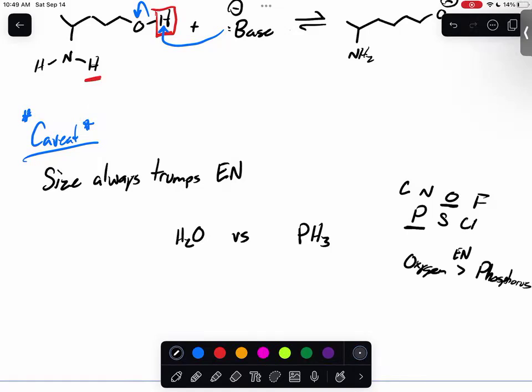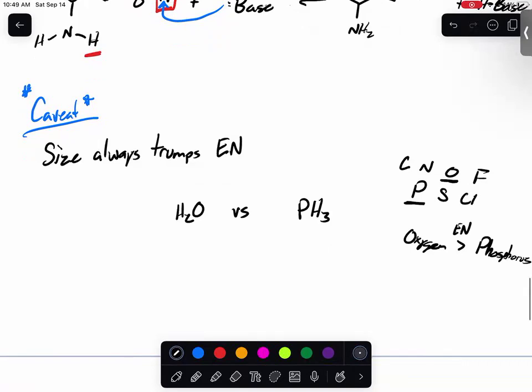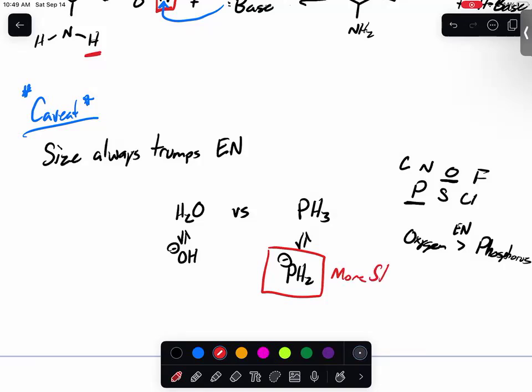So when we're thinking about this as an example, if we're making OH minus and PH2 minus, PH2 minus is still more stable due to size. And even though oxygen is more electronegative, it doesn't matter. Size is more important here. So that means PH3 is also more acidic.